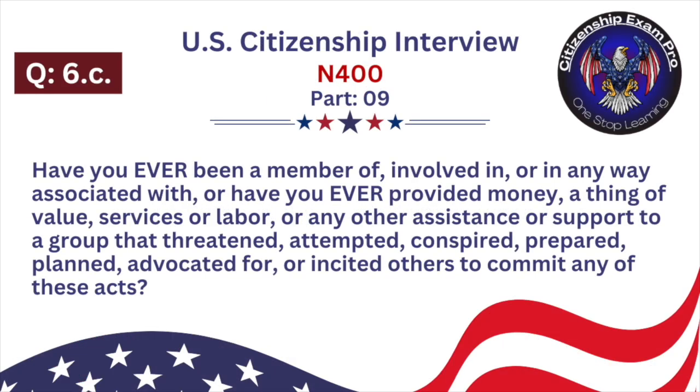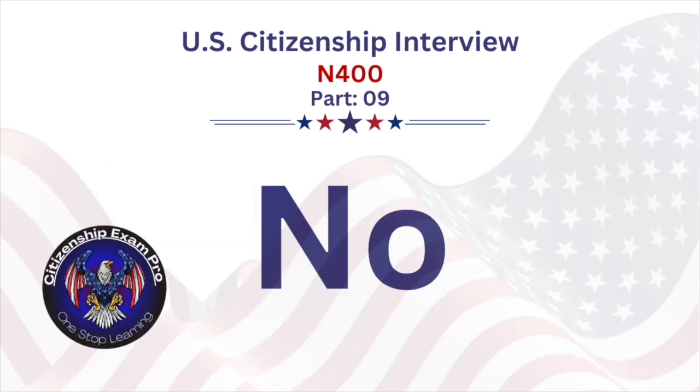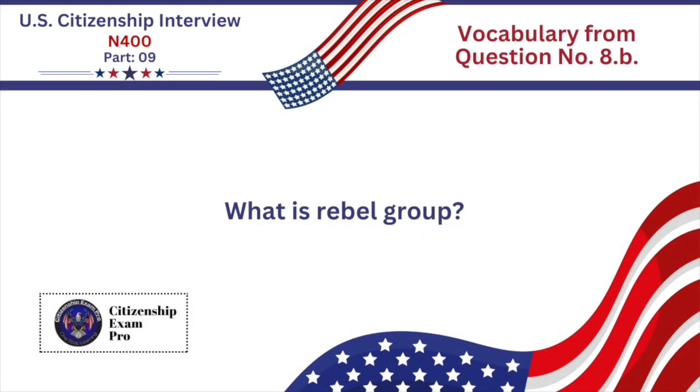Have you ever been a member of, involved in, or in any way associated with, or have you ever provided money, a thing of value, services or labor, or any other assistance or support to a group that threatened, attempted, conspired, prepared, planned, advocated for, or incited others to commit any of these acts? No. What is rebel group?